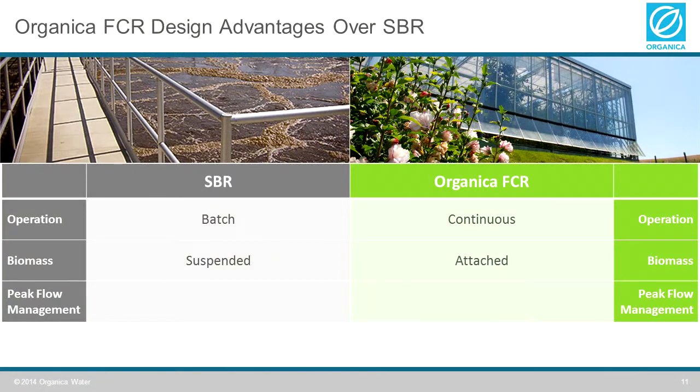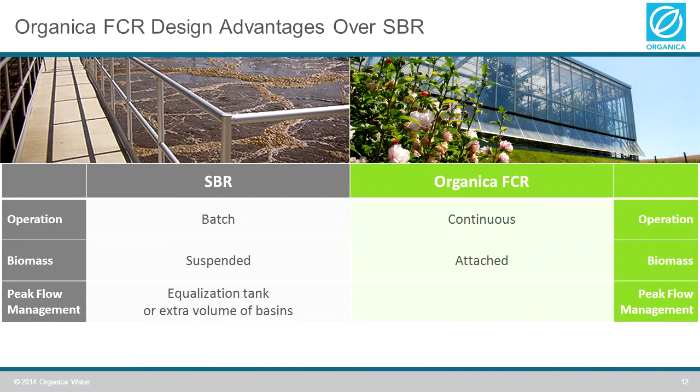Another point of difference is how both systems handle the peak flows. Since the SBR is a batch process, either we need an equalization tank at the start, or each of the basins has to be sized to accommodate the diurnal peak flow.